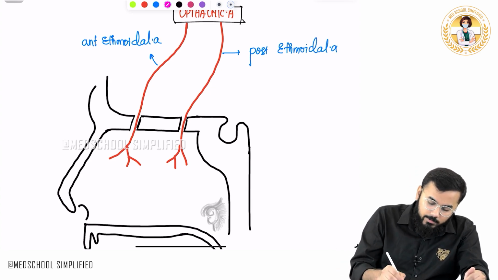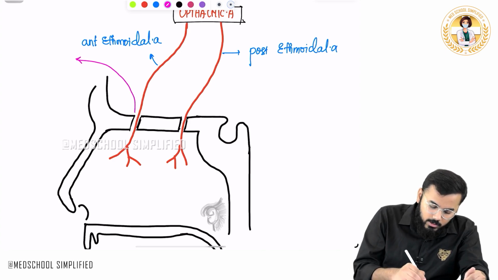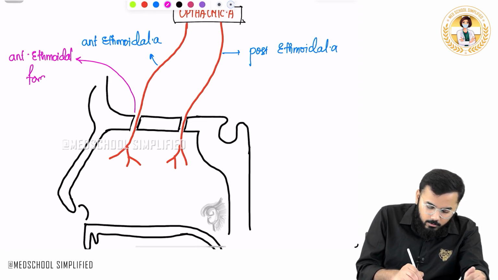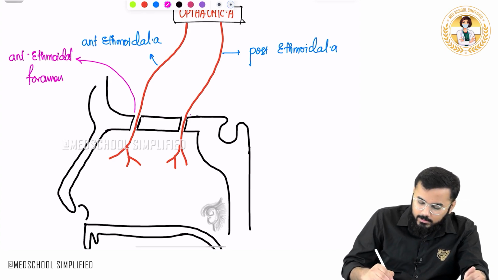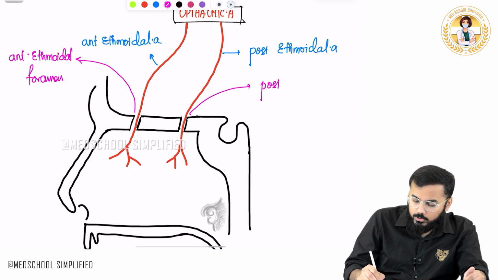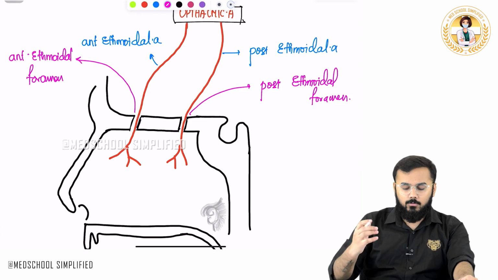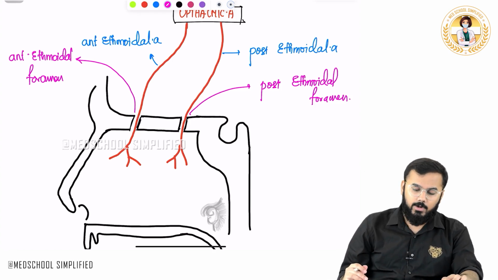And this foramen is called the anterior ethmoidal foramen and this foramen over here is your posterior ethmoidal foramen.